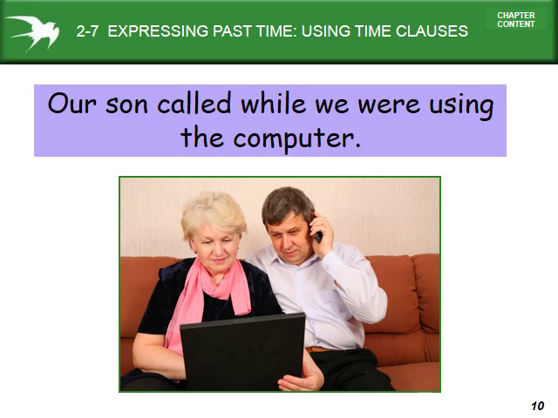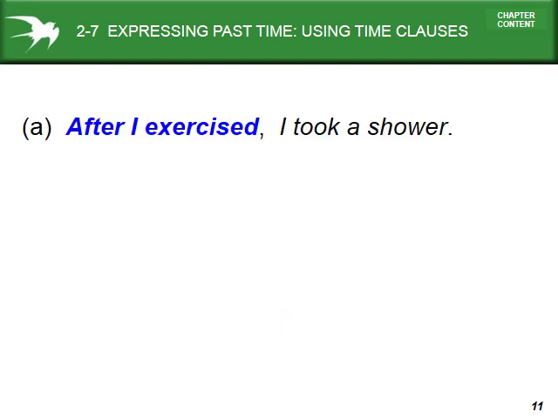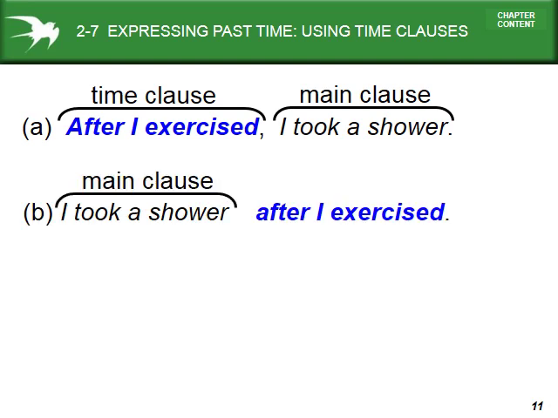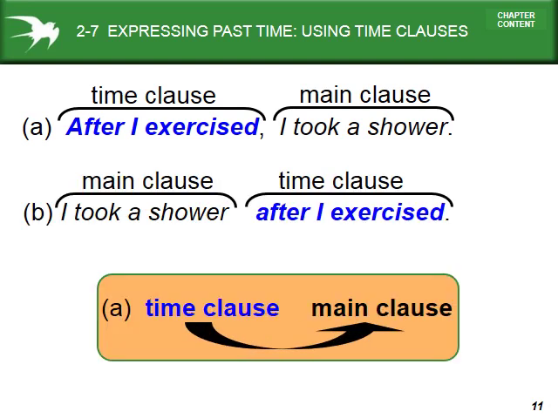The second question asks you about using the past tense in time clauses. So here we say our son called while we were using the computer. And here's a bunch of different examples. After I exercised, I took a shower. I took a shower after I exercised. So the time clause is also often called, well, another name for it is a dependent clause.